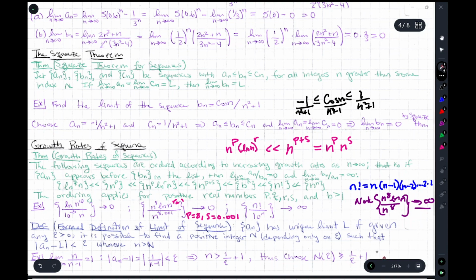This shows us that no matter how small epsilon gets, no matter how close we want the terms to be to the limit, we can always find a number N such that all subsequent terms past that N will be that close to the limit.